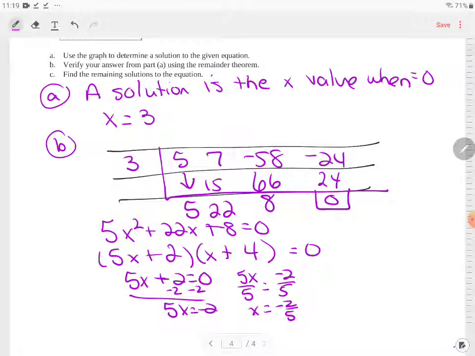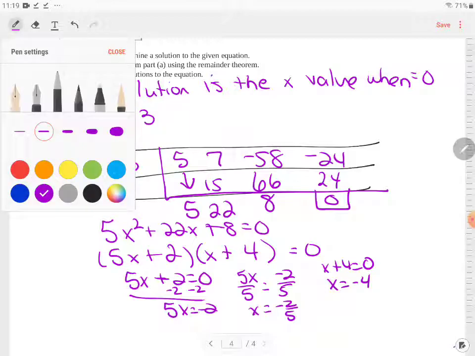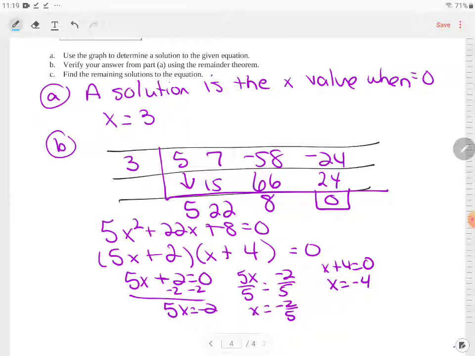That's an answer. x plus 4 equals 0. x equals negative 4. Okay, now I want you to notice something. The degree of this polynomial is 3, which means I should have 3 answers. So the answers are the 3 from the graph, negative 2 over 5, and negative 4.